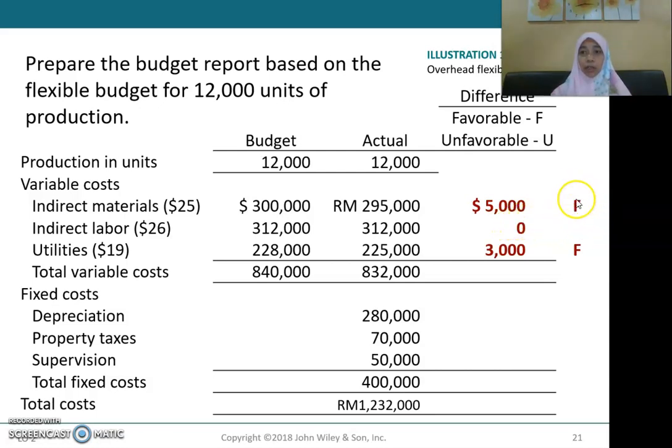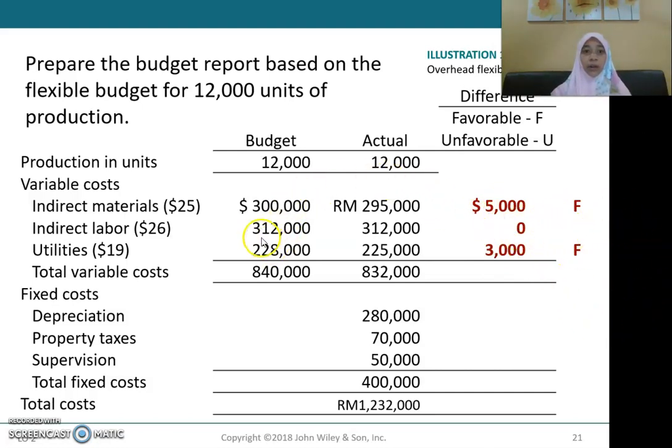It is no longer unfavorable, but in a positive direction. Because to produce 12,000 units, you should have spent 300,000 on indirect materials, but in actual fact, you only spent 295,000 ringgit. That means you have a positive difference of 5,000, so that is a favorable variance.